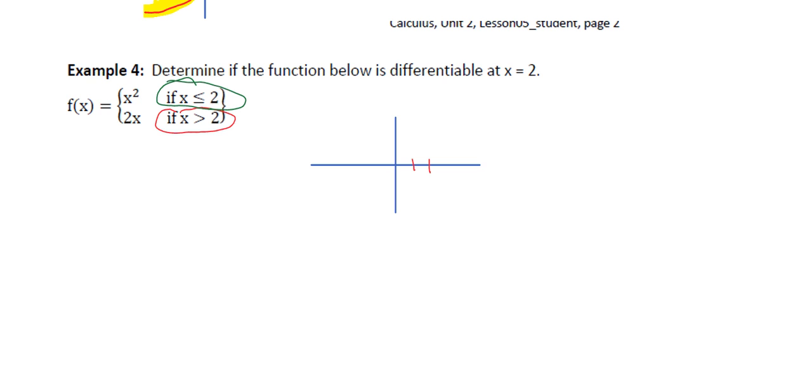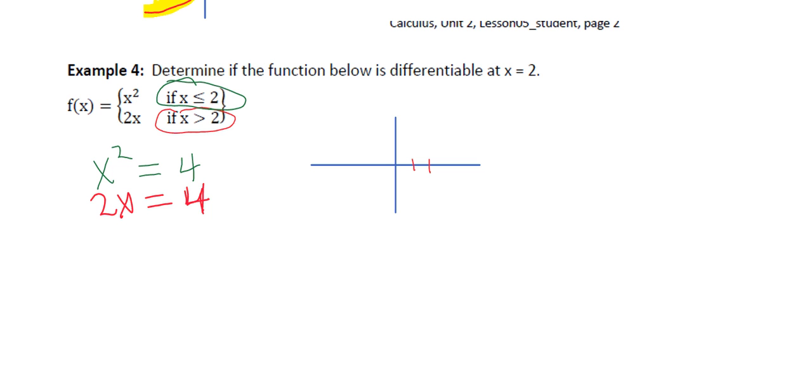So the green function, x squared at 2 would equal what? 2 squared, 4. And on the red one, 2x, plugging in 2, I get 4. So this graph is continuous there. So we don't fail the differentiability on the first test, but we still have to look at the other two cases.